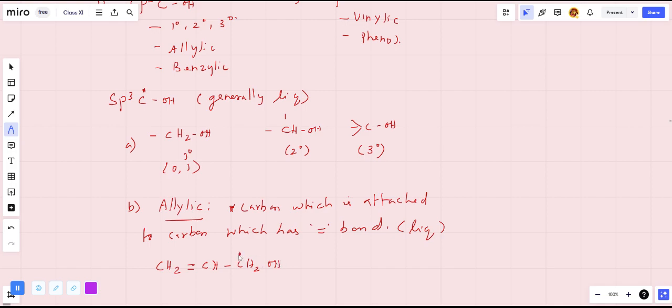Here the star carbon is attached to the carbon which has a double bond. This is an allylic. This is also an allylic.